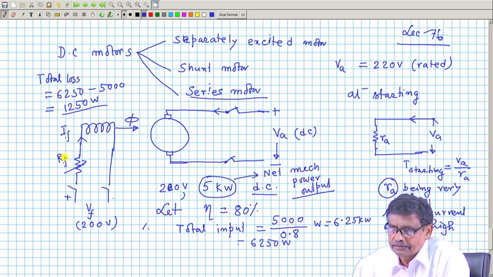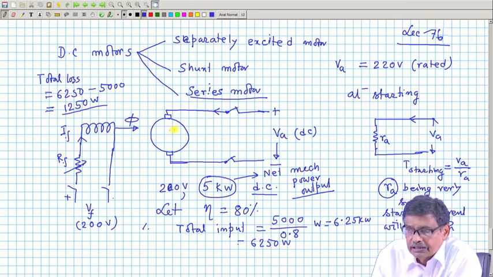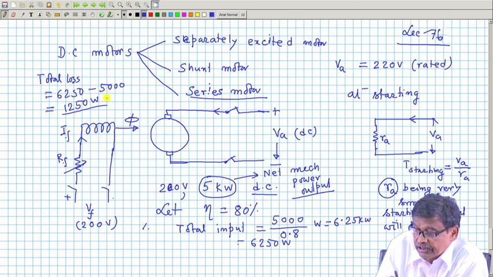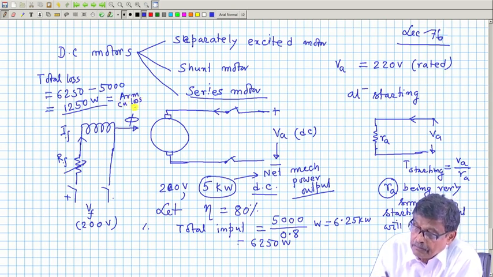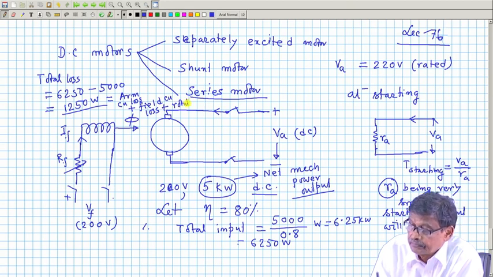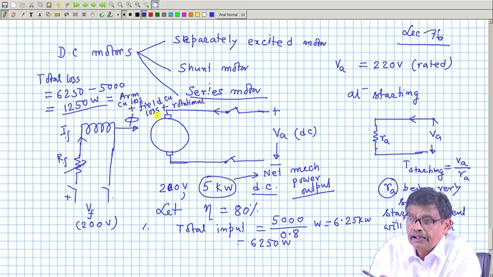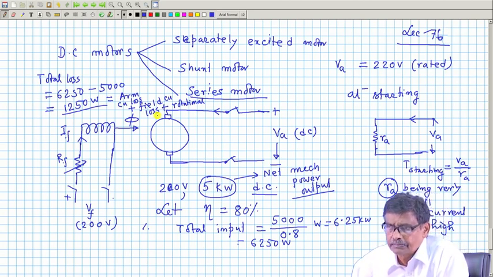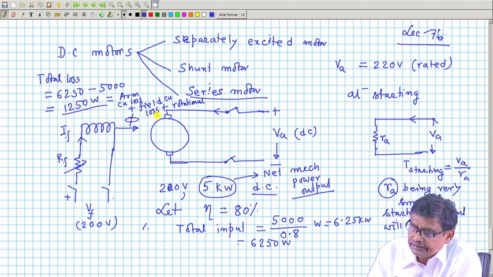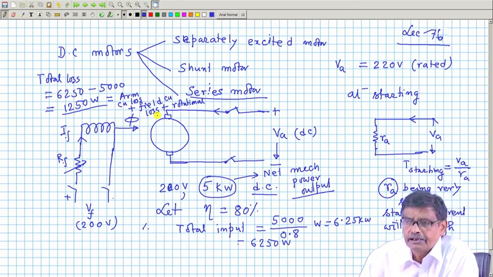So, the total loss will be equal to armature copper loss plus field copper loss plus rotational loss, frictional and some eddy current loss in the armature. We will come to that, but these three losses are the primary losses.